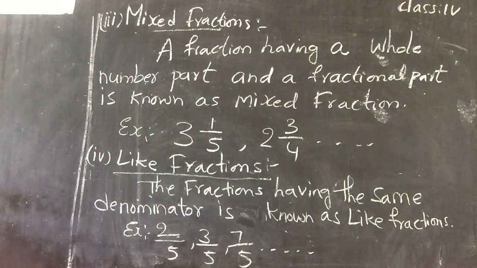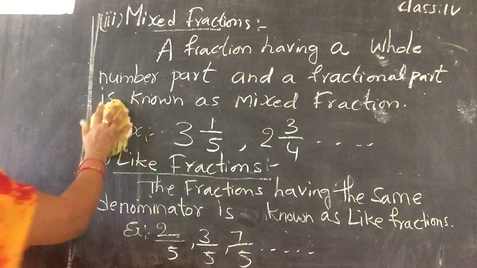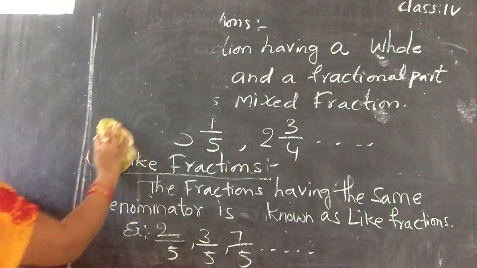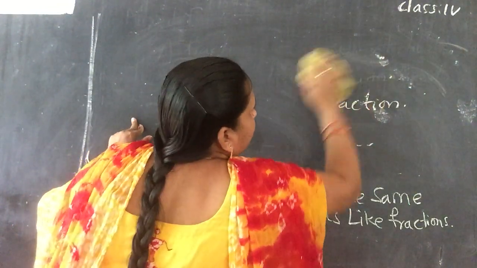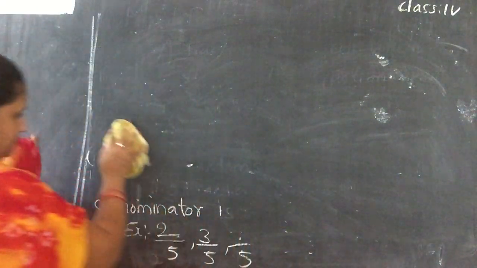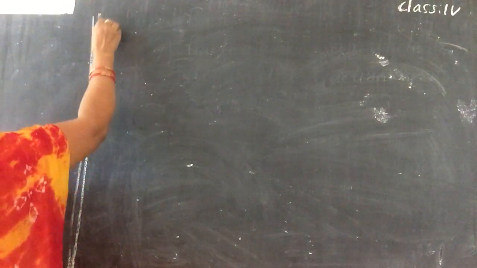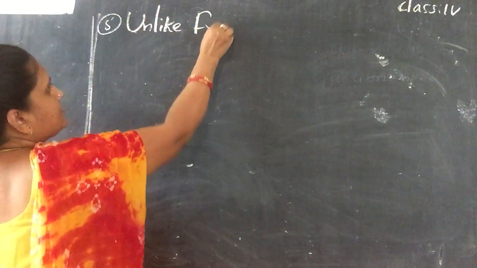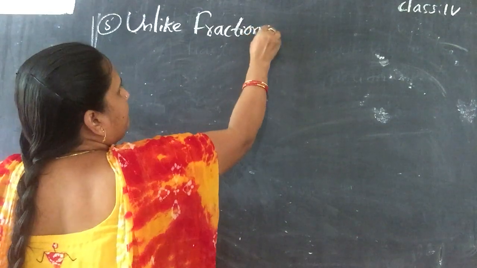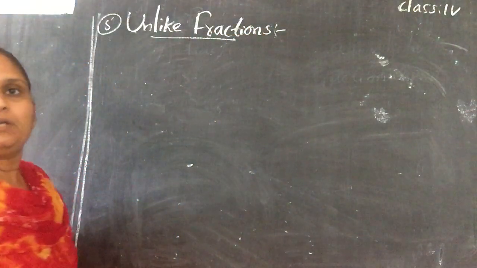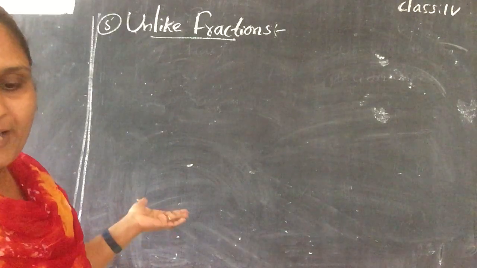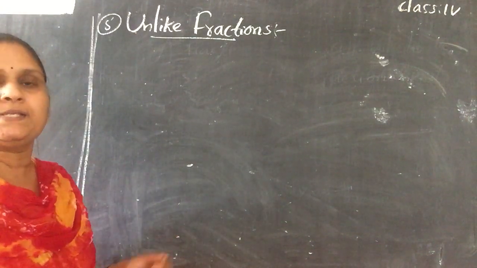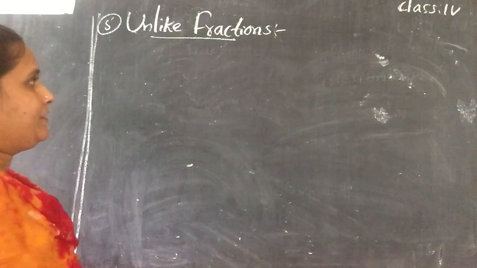Okay, next, last one, unlike fractions. It is the opposite of like fractions. It means the fractions which have different denominators will be known as unlike fractions.